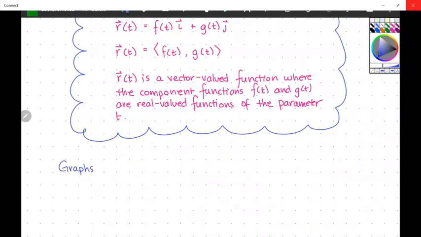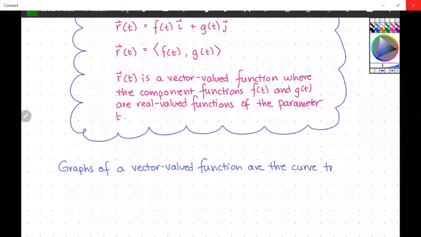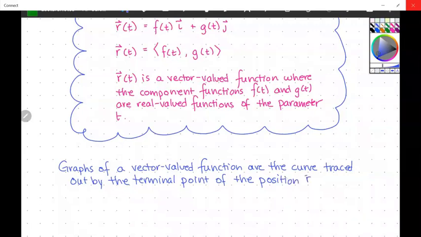Graphs of a vector valued function are the curve traced out by the terminal point of the position vector r of t.